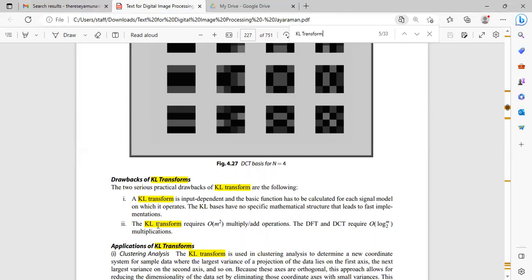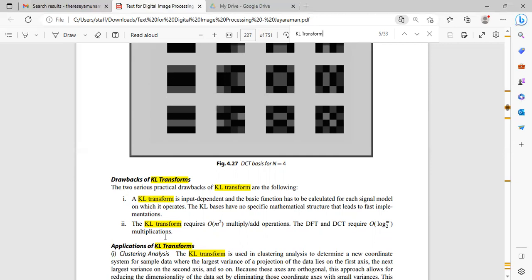If it is an 8-point Fourier transform, you have an 8x8 matrix as the basis function. After you multiply the given input with the basis function, you will get the corresponding transformed output. Isn't it? The same thing applies for Walsh transform and Hadamard transform also. But in KL transform, you have to derive the basis function from the given input signal.